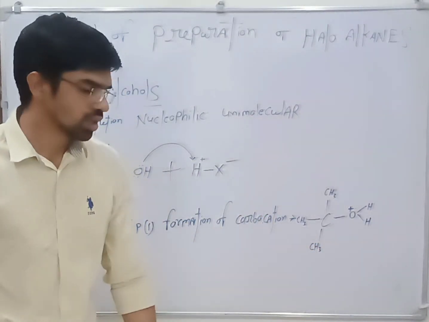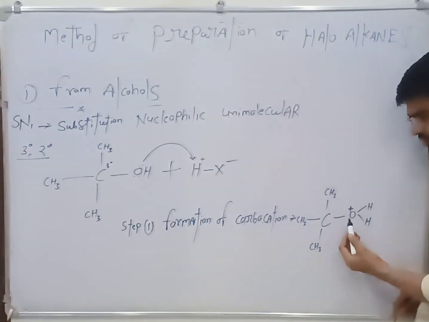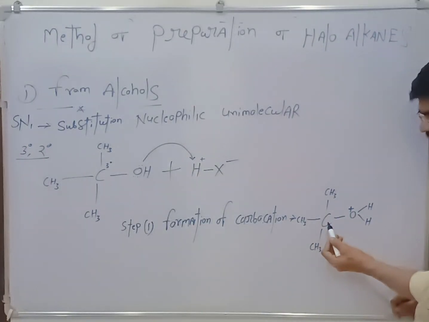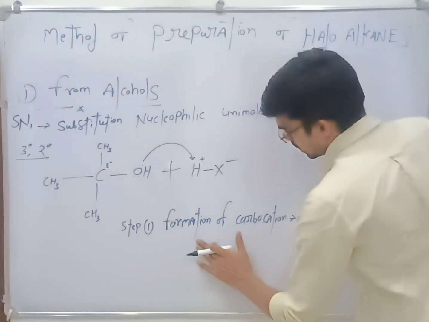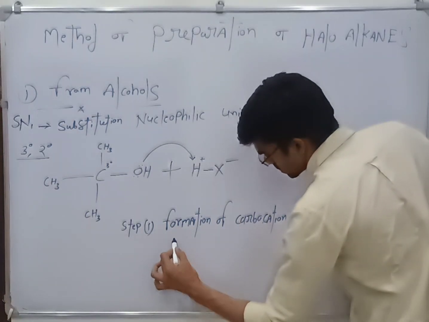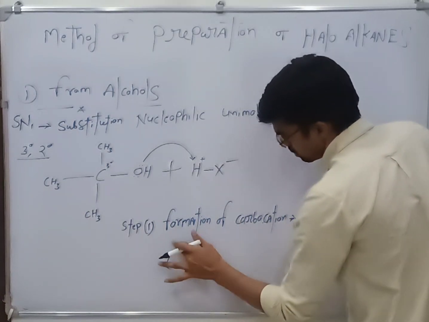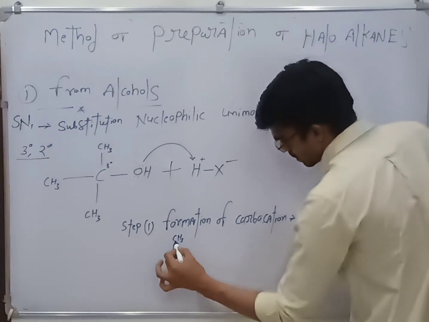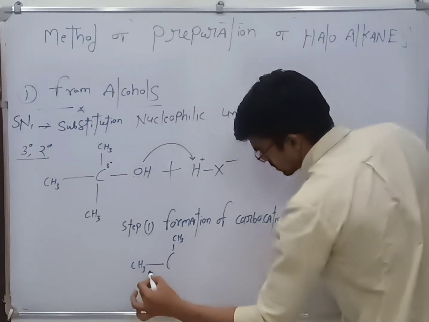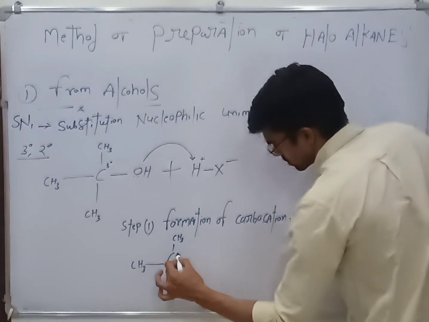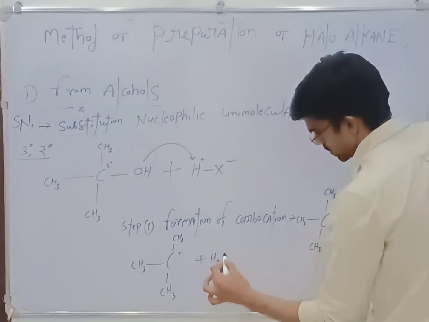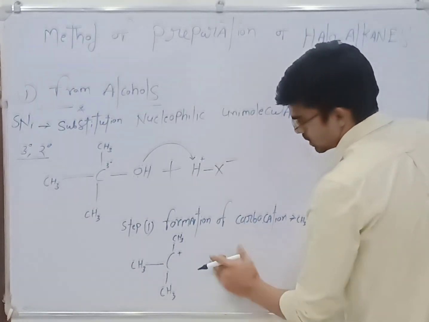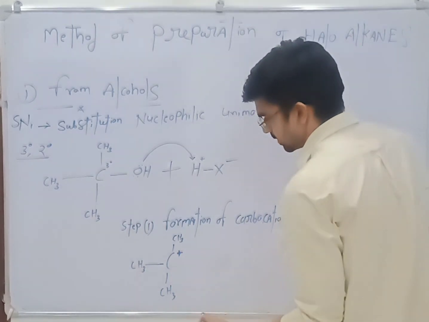Now the oxygen will take the electron from the carbon and get separated from the compound. So finally we will get a carbocation, that is C plus, CH3, CH3, CH3, and H2O will be separated.